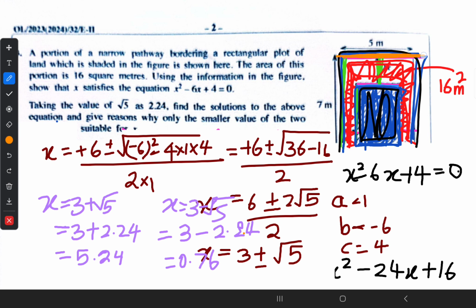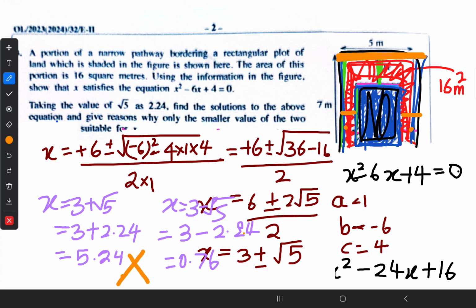Look at the total width of the rectangular wall, the exterior region. In the exterior region, the length was 5 meters. Here, x and x. If x is 5.24, then 5.24 and 5.24 is 10.24. No, that's not possible. This 2x should be less than 5.